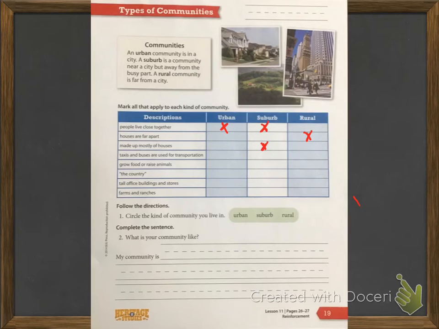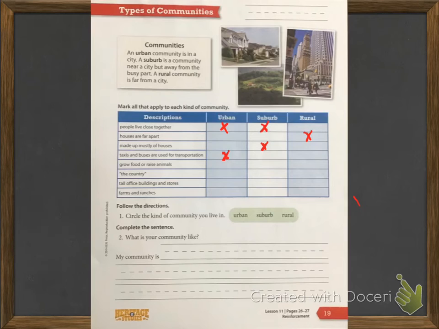All right, the next one says taxis and buses are used for transportation, and that would be Justin. Urban, yes. All right, the next one says grow food or raise animals.